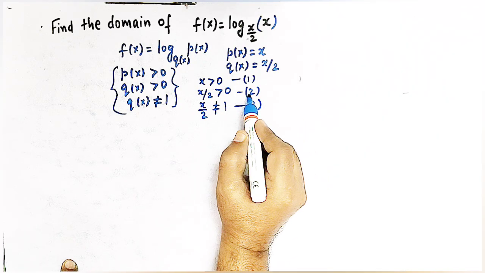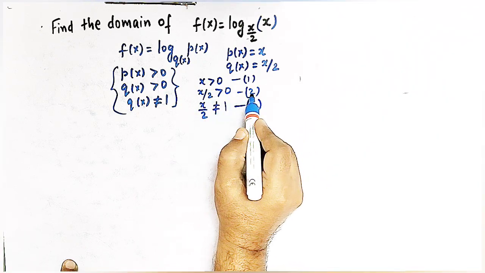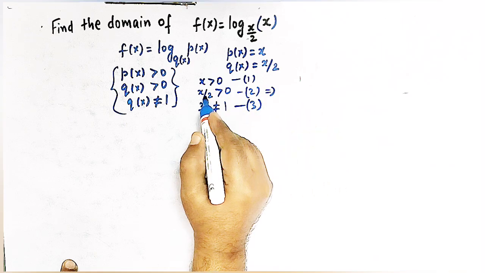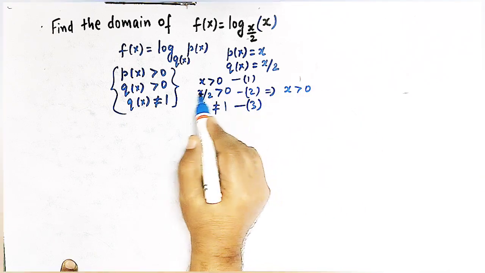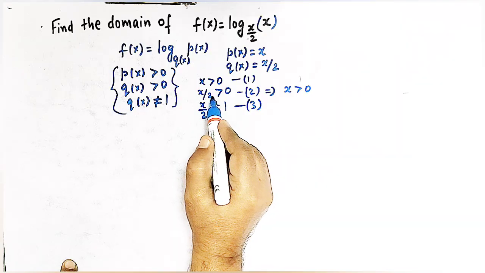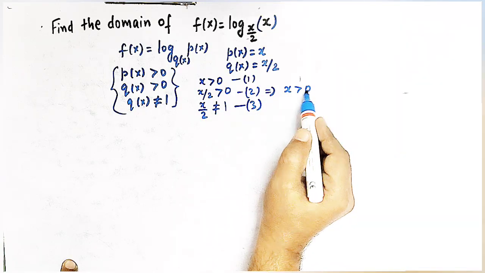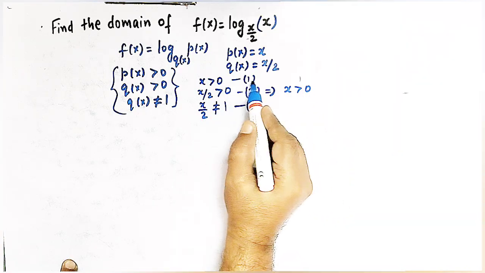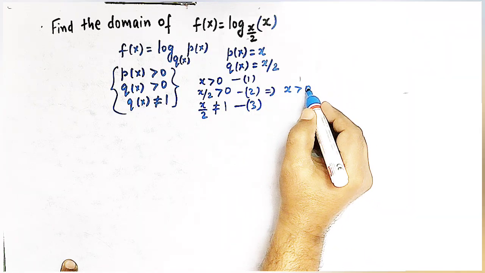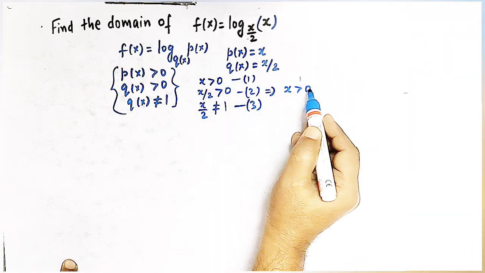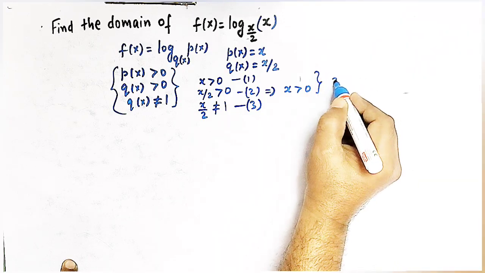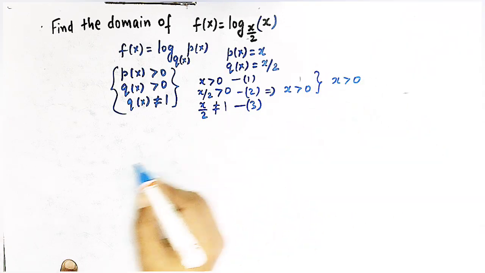Now from inequality 2, we have x greater than 0, because if we multiply both sides by 2, we get x greater than 0. If we combine 1 and 2, that is x greater than 0 and x greater than 0, we simply have x greater than 0.